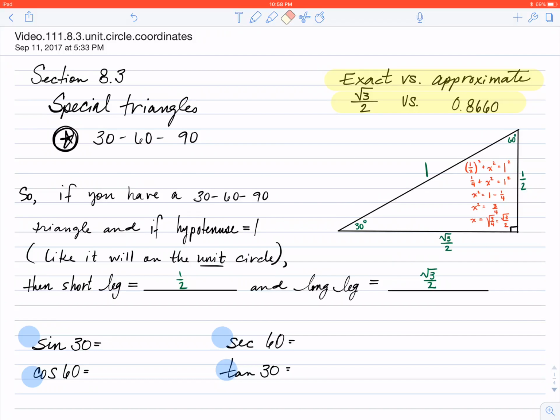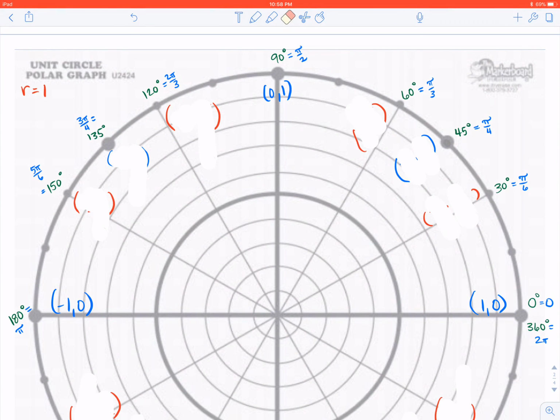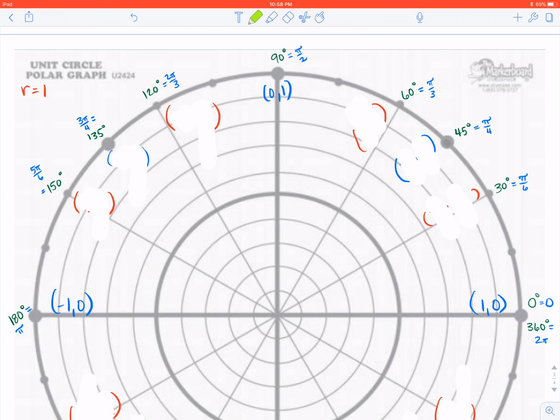So let's put this into practice down on the circle. Let's take a look at the very first spoke that we have here. I'm going to draw a triangle, and I'm going to lighten the color a tad just so that it's not so vibrant. So here's my x value, and then here's my y value, coming to a right angle there.